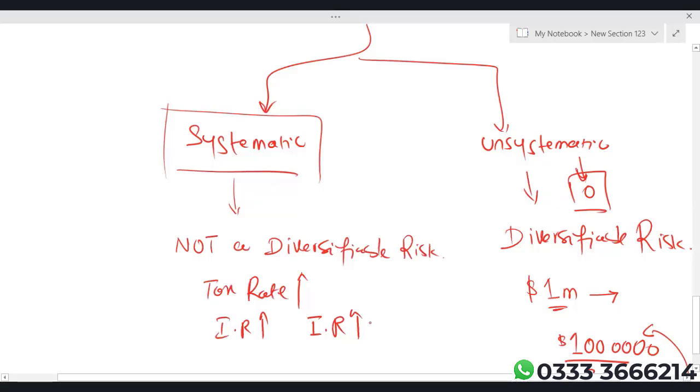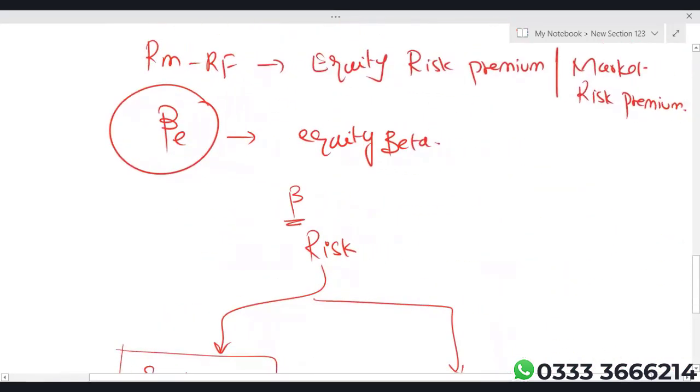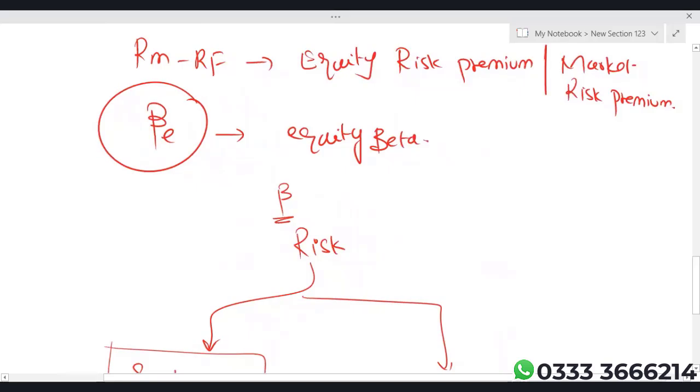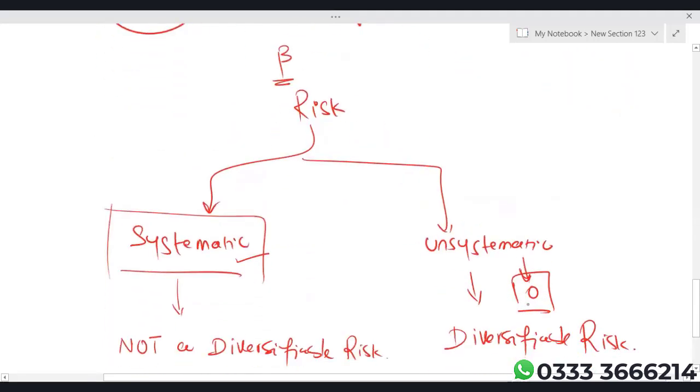In fact, political unrest is also one of the examples of systematic risk. Now, in the capital asset pricing model, we have the assumption that the investor has a well-diversified portfolio of investment. That is why unsystematic risk is zero, so we are left with only systematic risk.